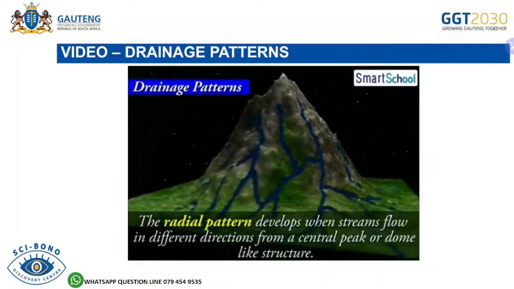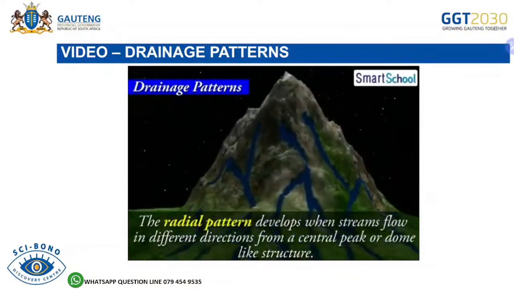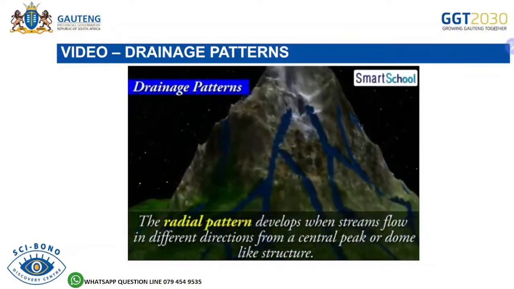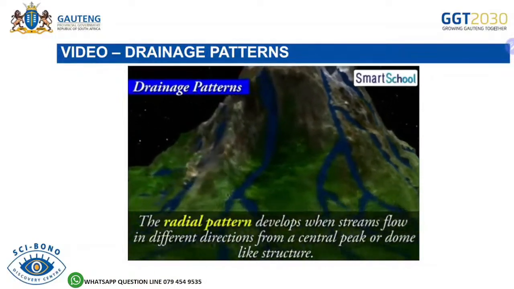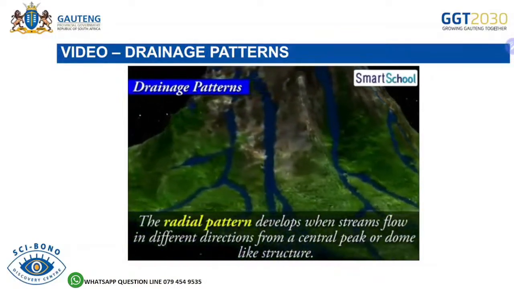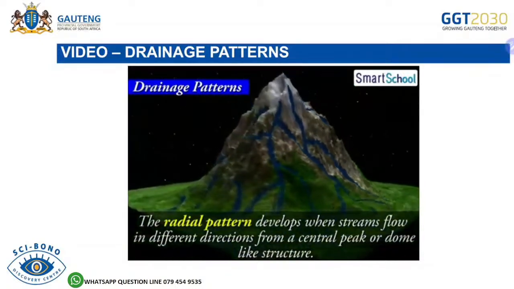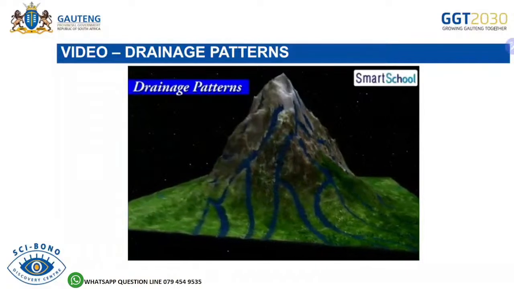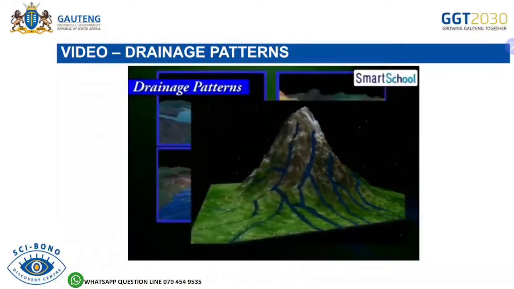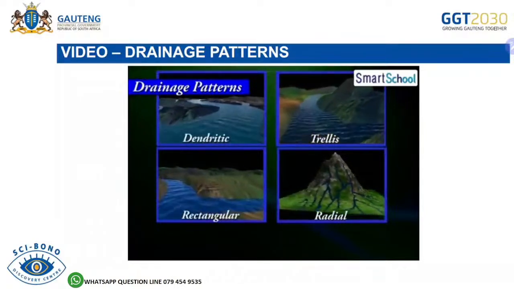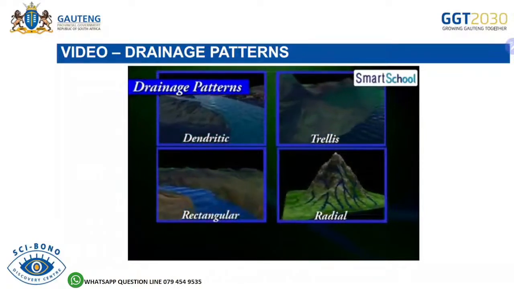The radial pattern develops when streams flow in different directions from a central peak or dome-like structure. A combination of several patterns may be found in the same drainage basin.